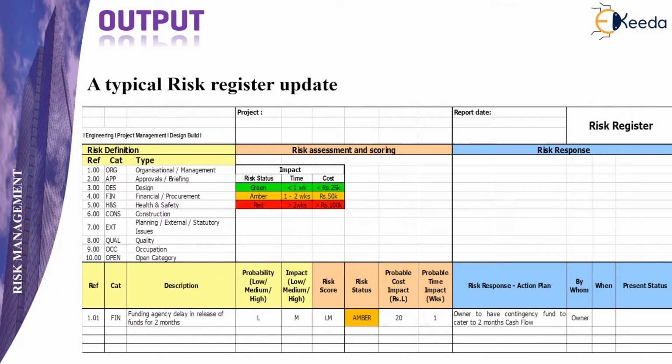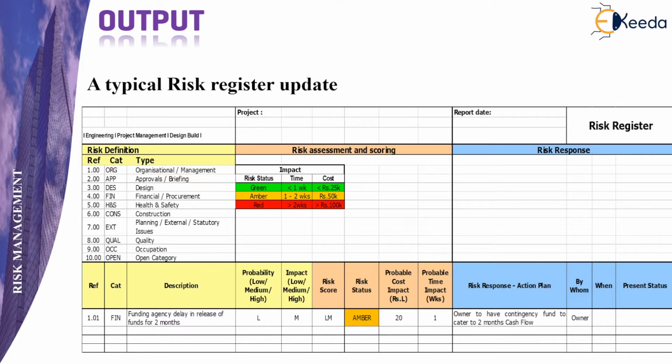A sample or typical risk register output or format is shown here, where the risk definition is first given into categories, risk assessment and scoring, like the green for low risk, yellow for medium risk, and red for high risk. Its definition for time and cost as per the project requirement and management is decided.